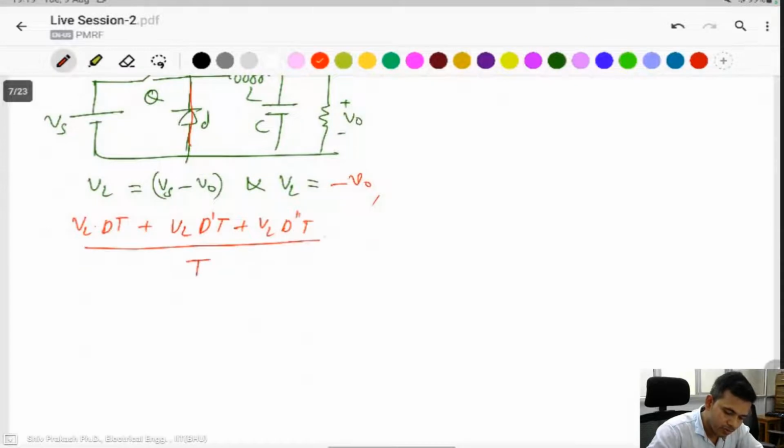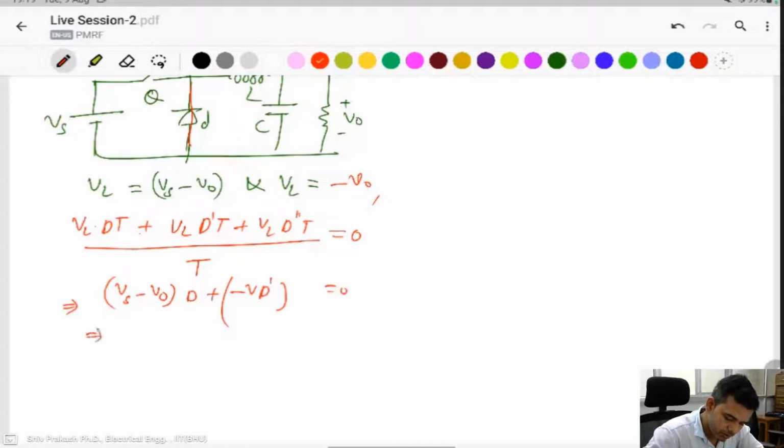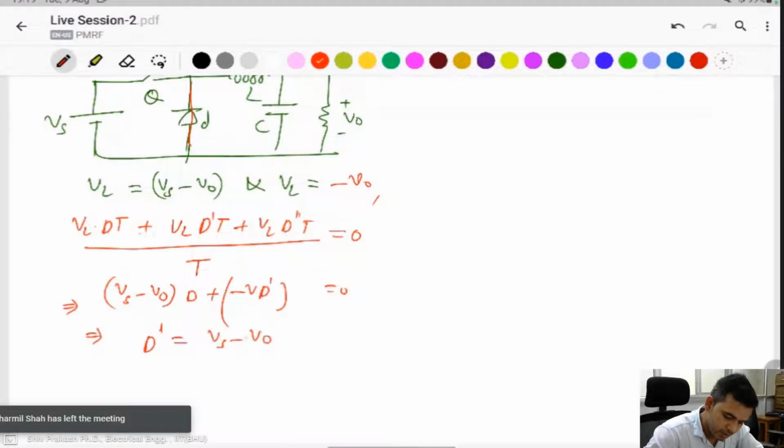So VL is equal to (Vs minus V naught) into d plus minus V naught into d dash. T cancels out, equals 0, and d dash is equal to (Vs minus V naught) divided by V naught, into d.